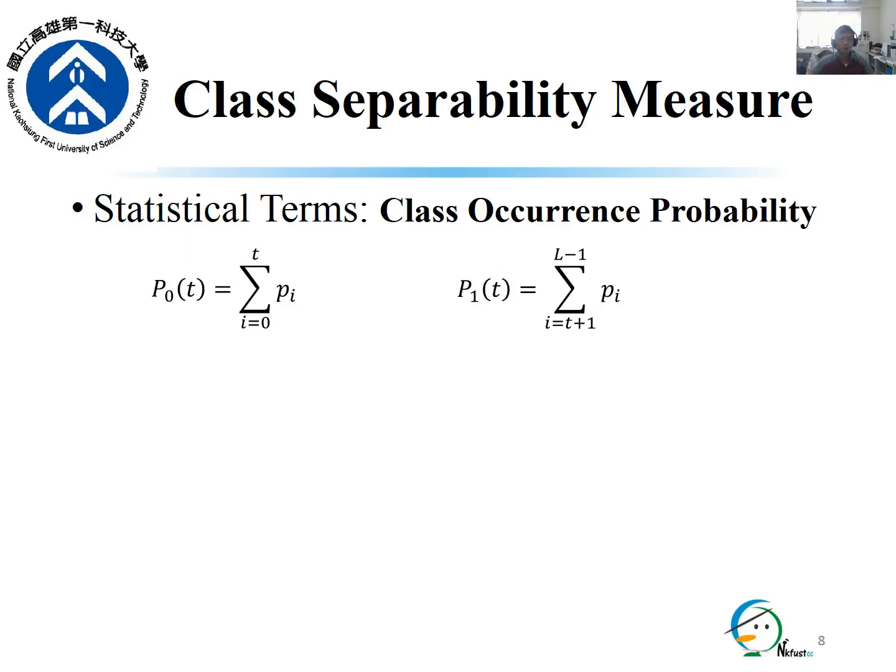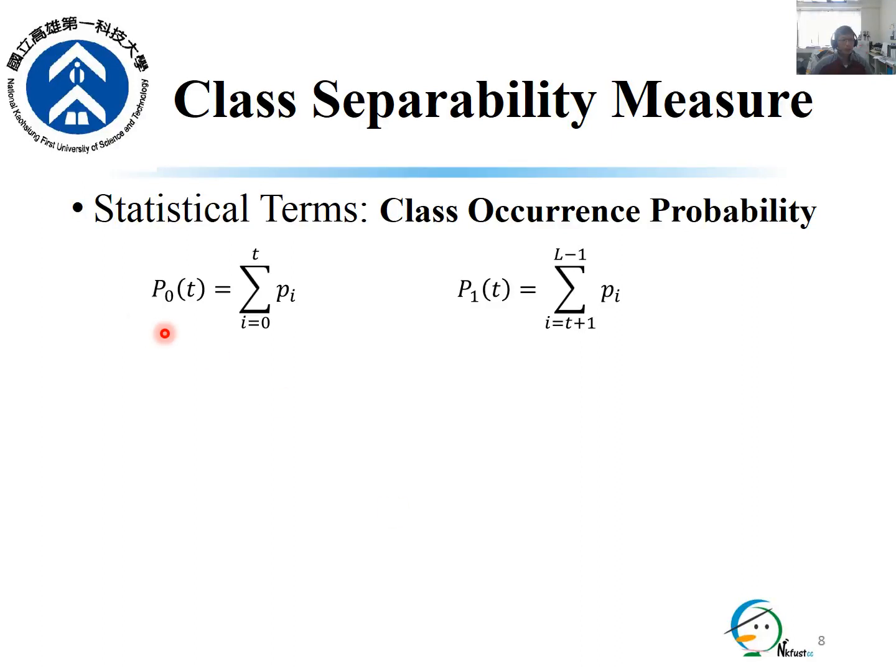Before talking about the class separability measure used for determining the optimal threshold t*, we first introduce 3 statistical terms. The first one is class occurrence probability. Let C0(t) denote pixels with gray level less than or equal to t, and C1(t) those that are larger than t.